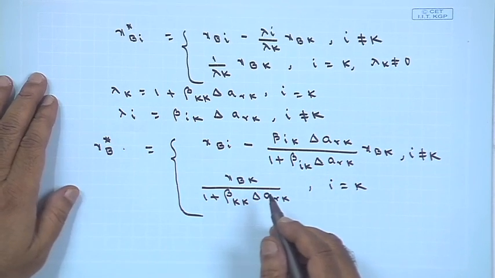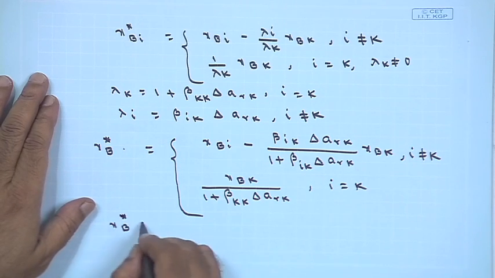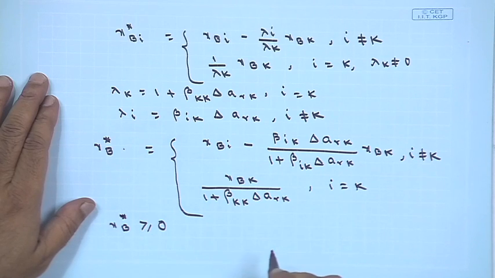Now, for feasibility, what happens? We know that for a feasible solution, your x b star always should be greater than or equal to 0.